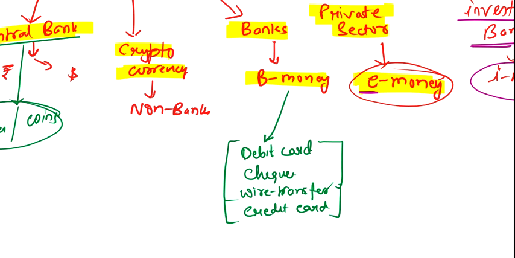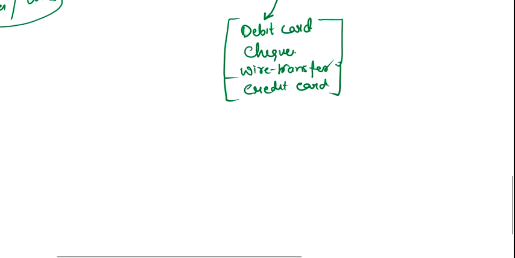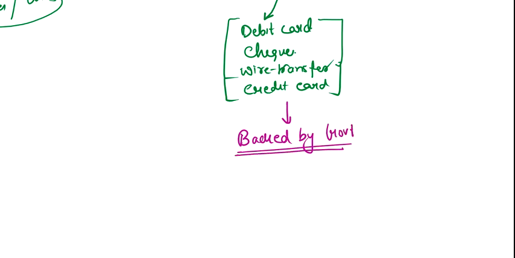Clear? Now one of the major advantages of the money which is issued by the bank, they are factually backed by the government, and this is the reason they are stable. You won't find out that you have issued the check of $1,000 and later on it will become $1,200. Okay, you won't find such things. Why?